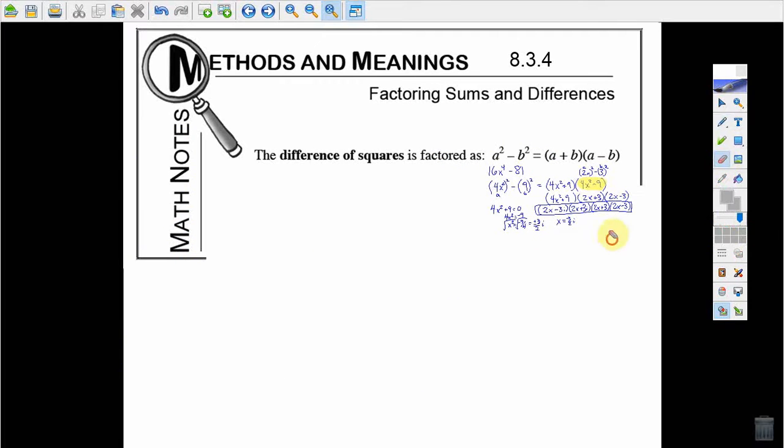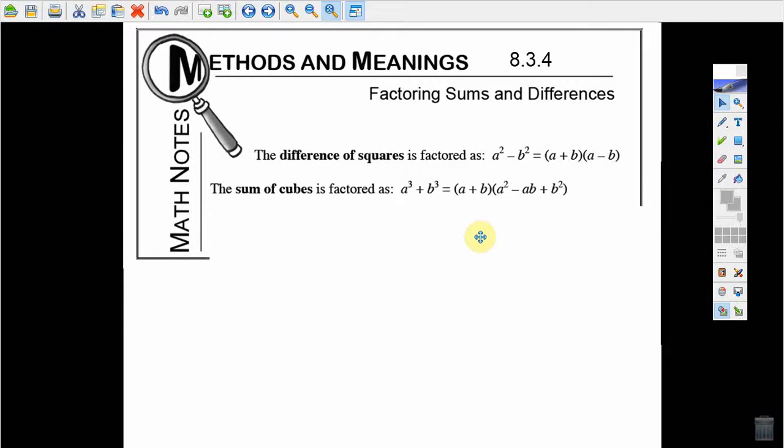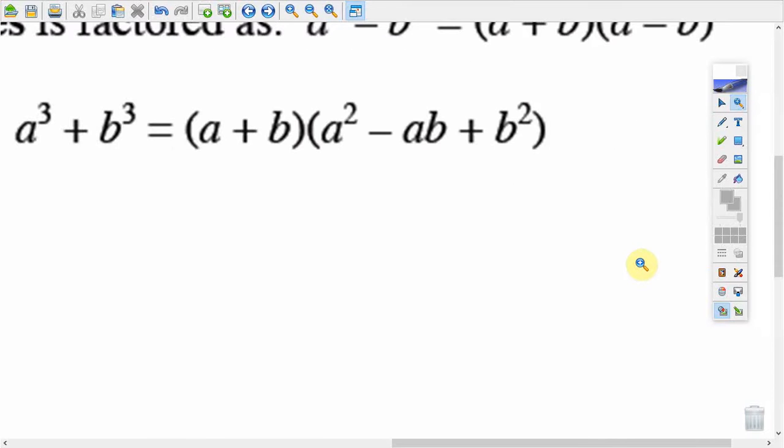All right, let's take a look at some of these other examples here. Sum of cubes. Sum of cubes tells us we have two perfect cubes that are being added together.